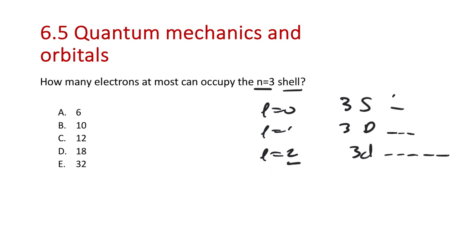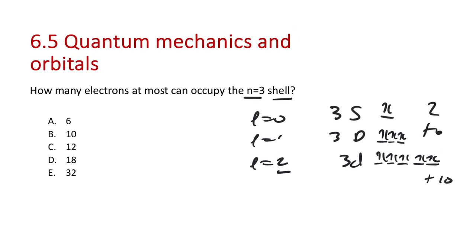Do we see how we can maximally put 2, 6 more, 10 more? So that's going to be 18 total electrons.